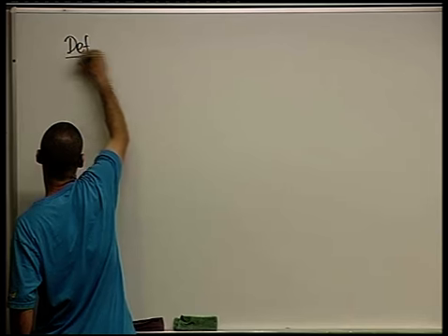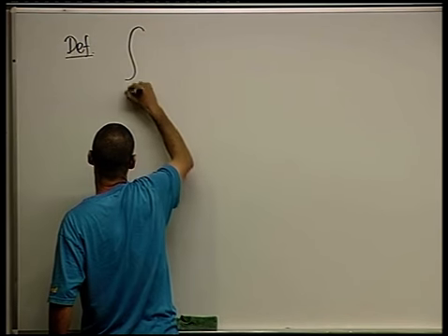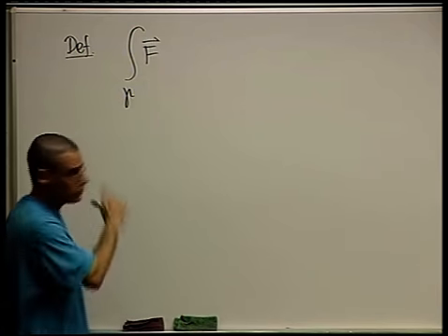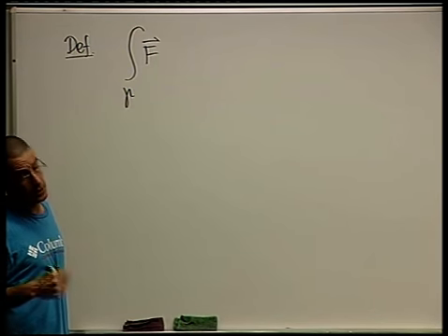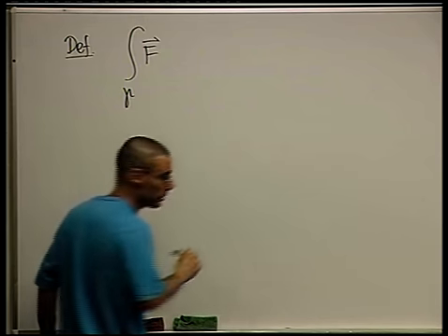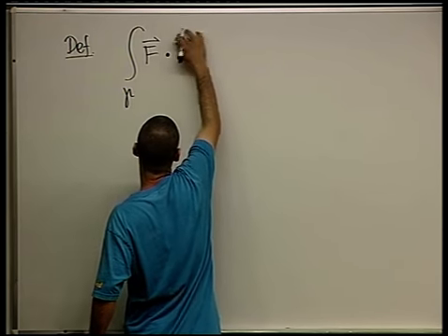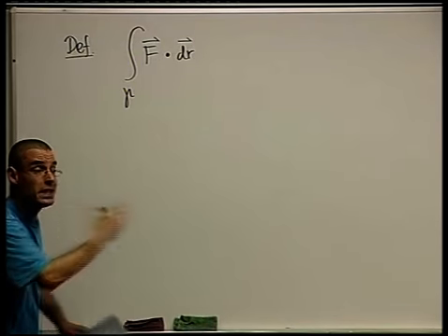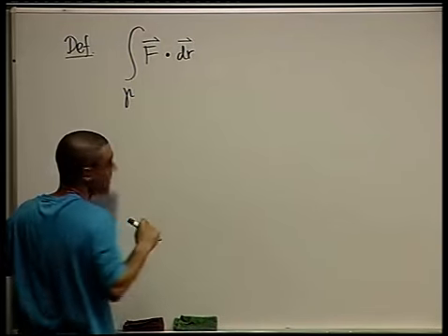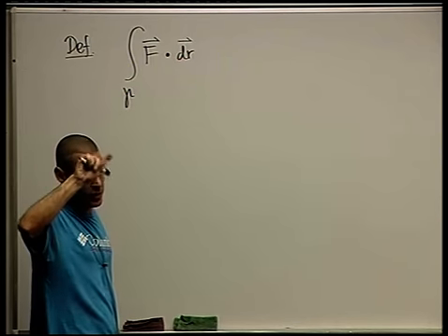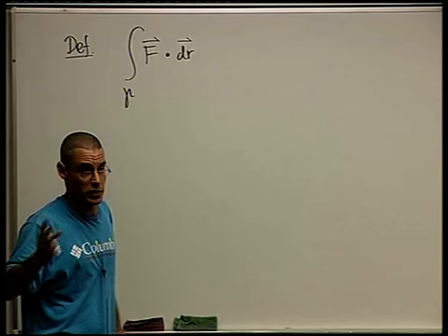Definition: the integral over gamma of F, and now F is a field, which we indicate by this arrow up here, and usually we use capital letters, dot dr. This is the notation. This is meaningless. You can't calculate anything with this. This is just a notation, just like the integral of little f ds was just notation.